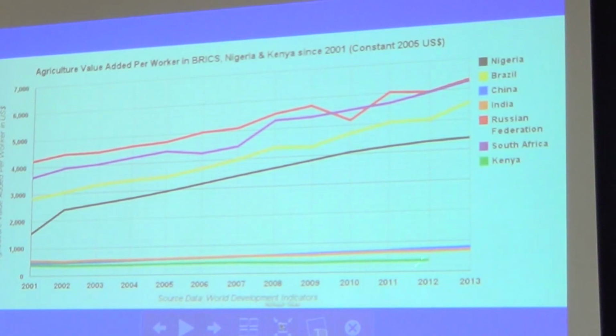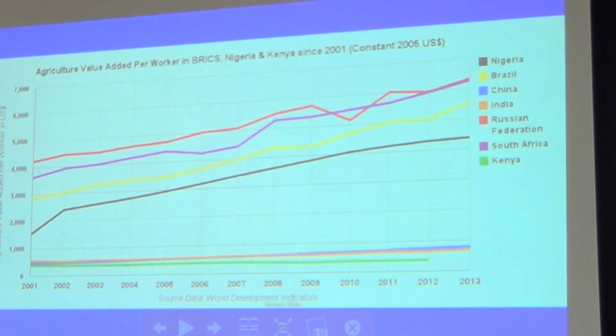Those of you who are data scientists, if you go to data.worldbank.org, you'll encounter some of this data. So this is a graph of Kenya. The value added per worker in agriculture, that 57% that we were talking about, the productivity has averaged $368 per worker for the last 20 years.